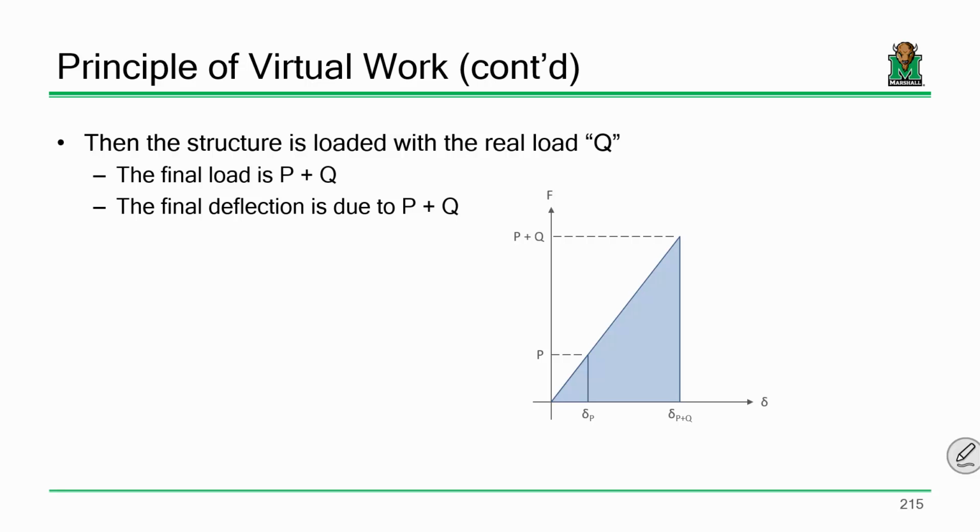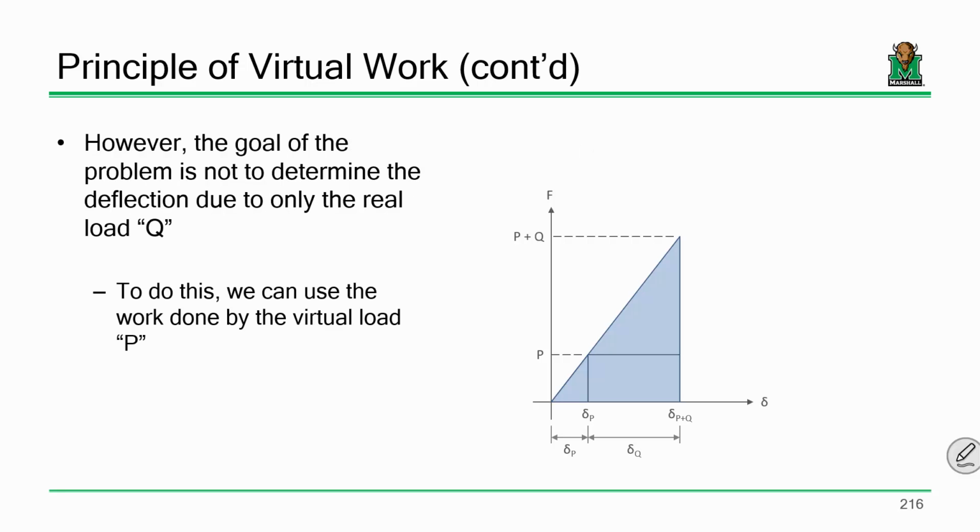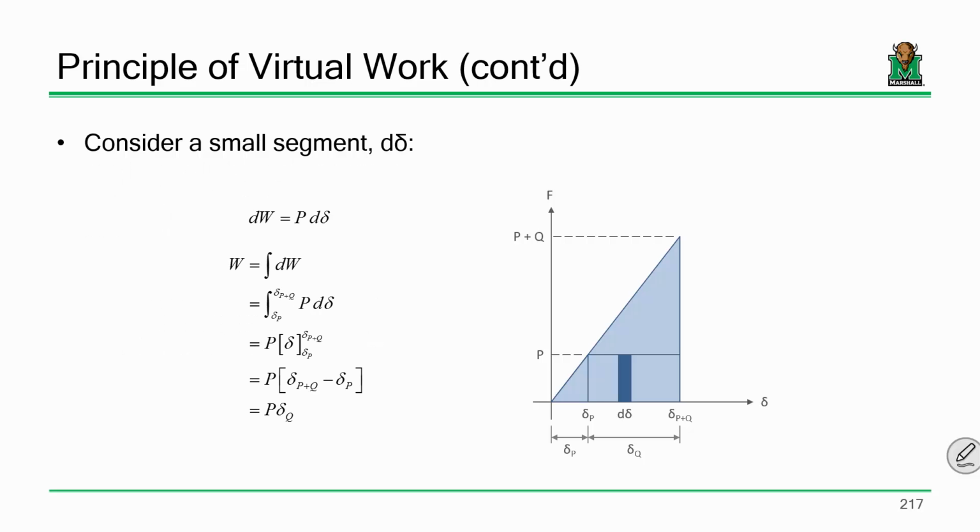The final deflection is due to P plus Q. Make sense? What I care about, though, is this dimension. That's what I'm after, the deflection due to those real loads. Everybody good? Okay.